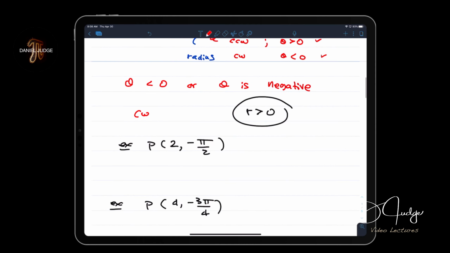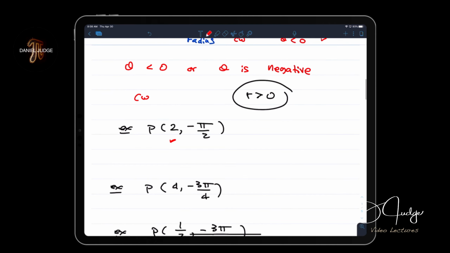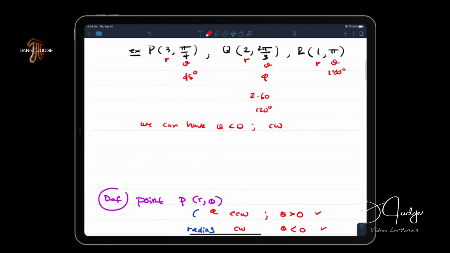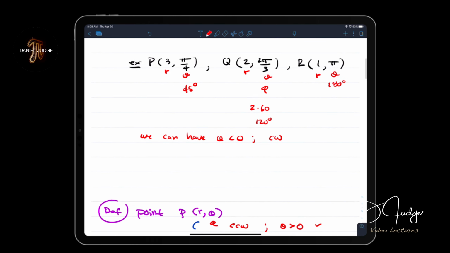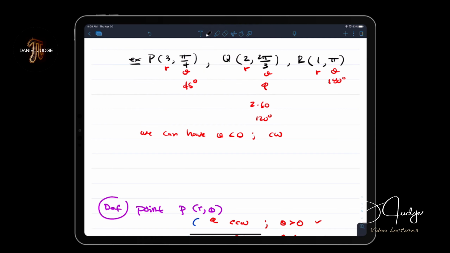And this first example here, let's do these examples, is going to be 2, negative pi over 2. I labeled it P two years ago, but we can actually do it this way. Let's not even give them letter names.